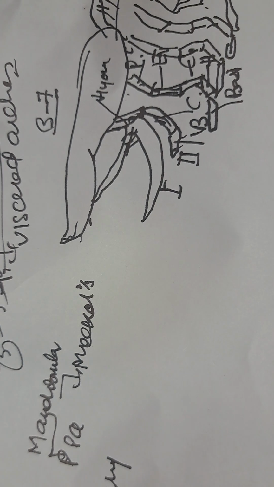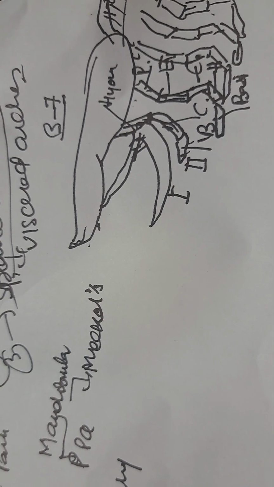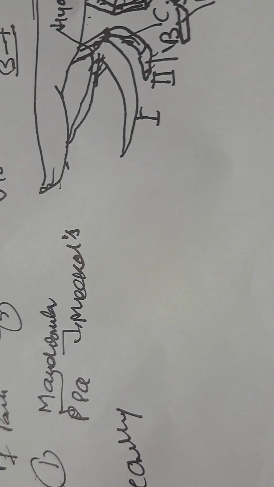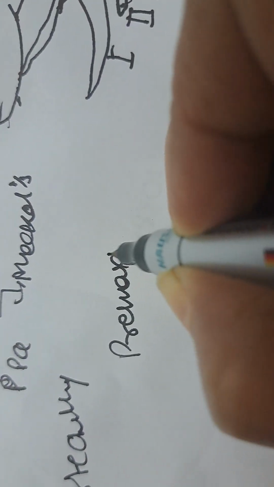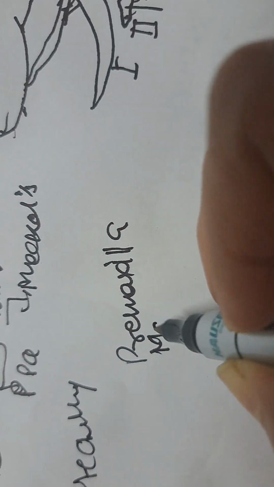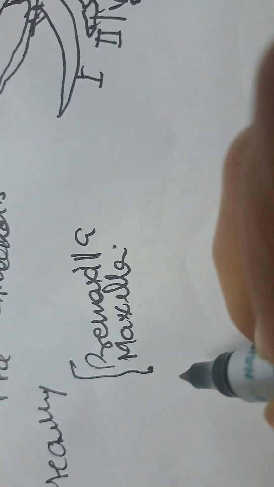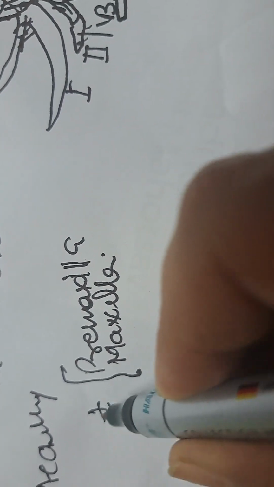Upper jaw is formed of premaxilla and maxilla, which form part of the mandibular arch. So this is part of the first arch.